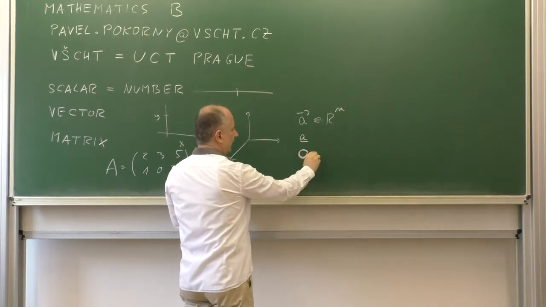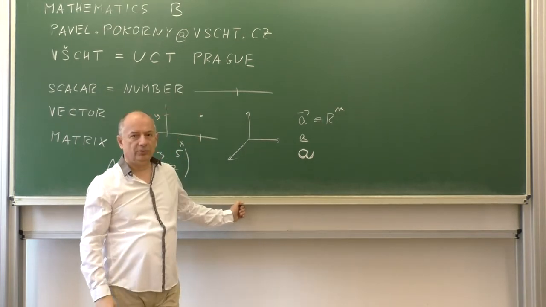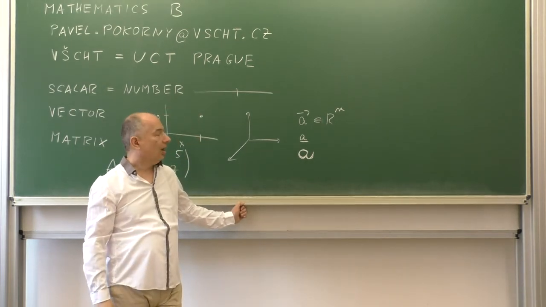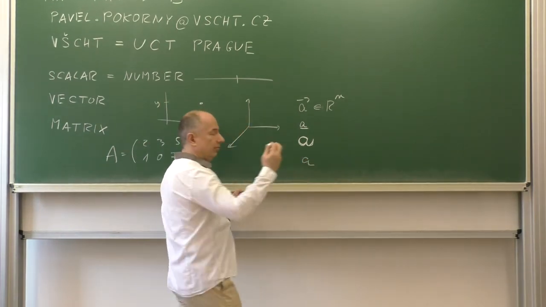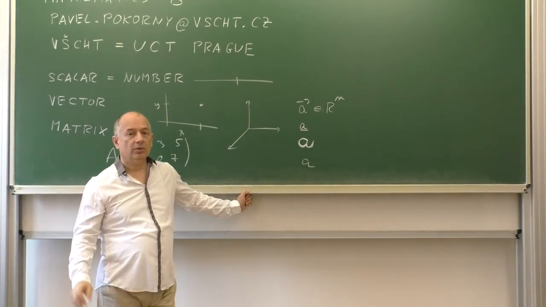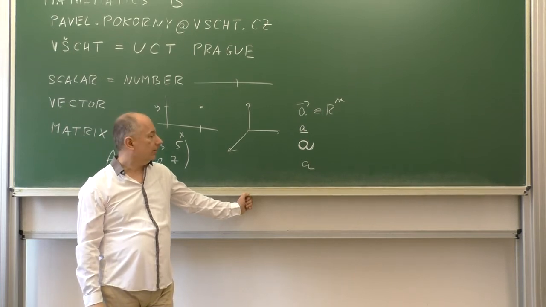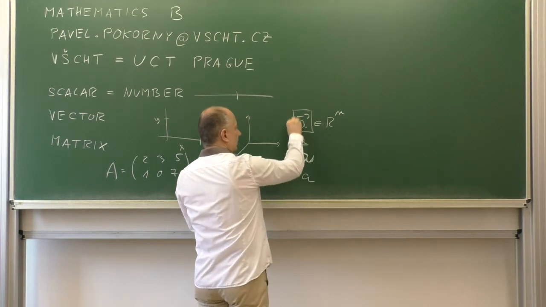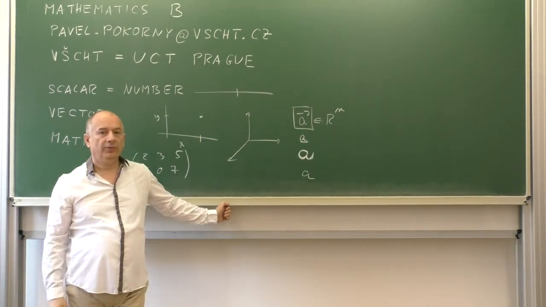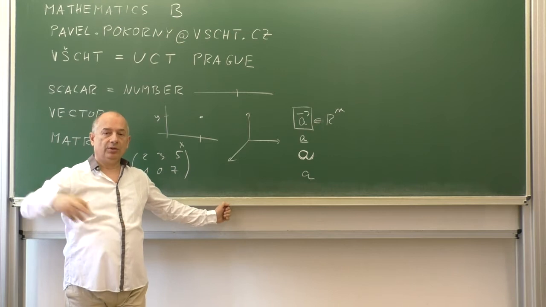This can be done in print, but it's not very useful for handwriting. And in some books, you can find a vector just by writing a letter with no special graphical distinction. We will usually use the arrow that comes from physics, meaning some direction, some orientation.